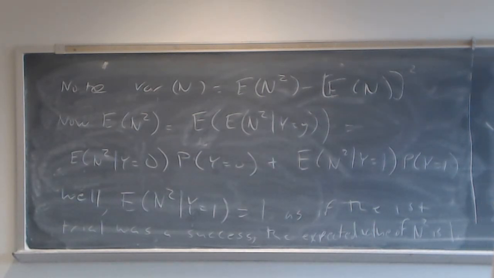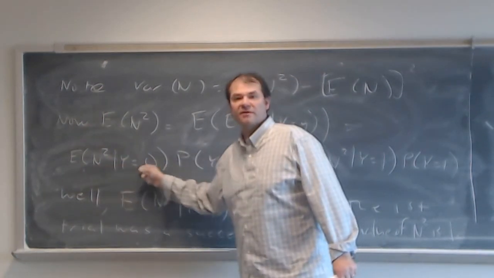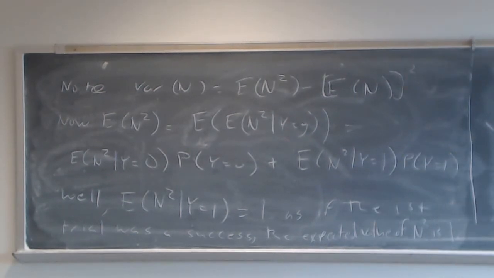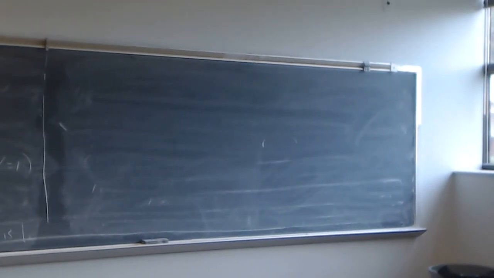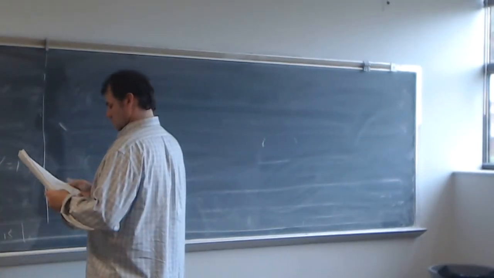For the other part, we have to do some more work. What other part? The expected value of N squared given Y equals 0. That's what we're going to work on.